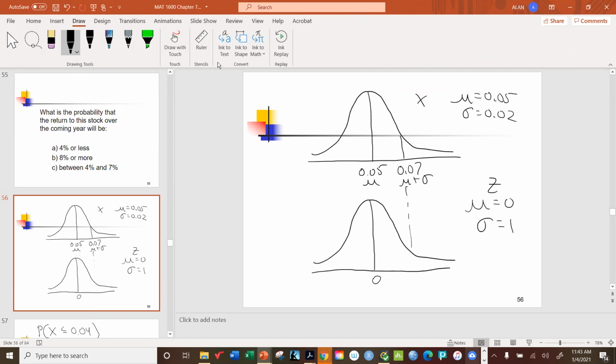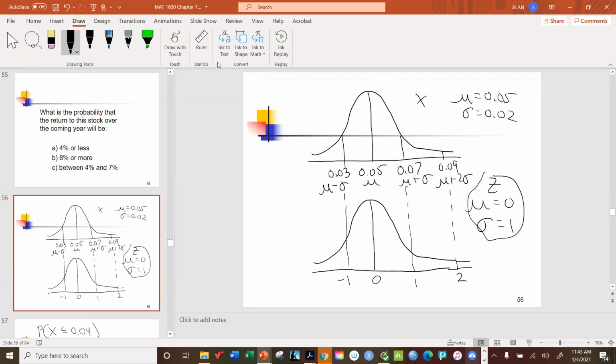So that corresponds to a value of 1 down here. 0.09 is 2 standard deviations above the mean, which corresponds to a 2 under the standard normal curve. 0.03 is 1 standard deviation below the mean, which corresponds to -1 down here. And then 0.01 corresponds to 2 standard deviations below the mean.